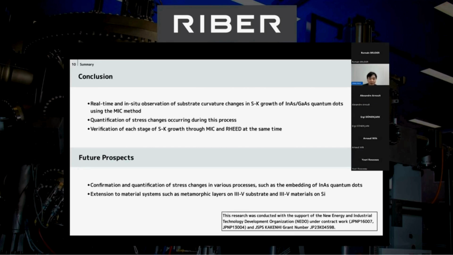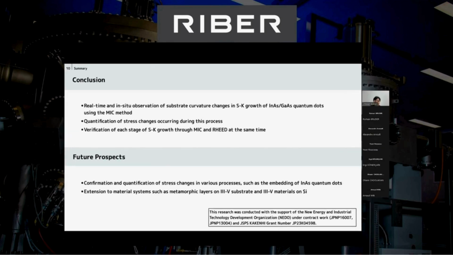Quantification of stress change occurred during this process, and verification of each stage of SK quantum dot growth through the MOSS and RHEED at the same time.